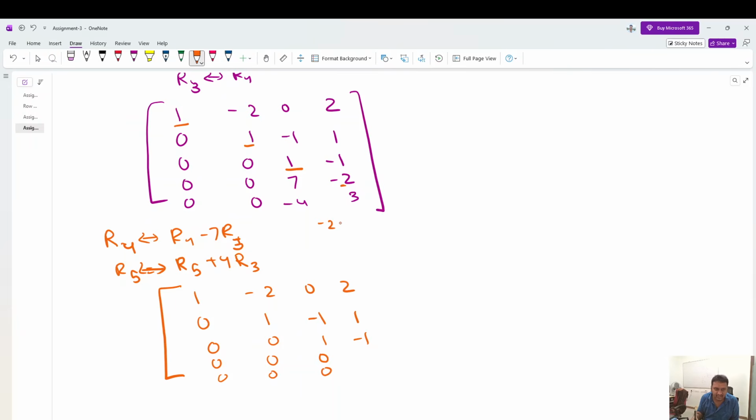This will change to minus 2, minus 7 into minus 1, meaning 7 minus 2, right? Which is, I think, 5. And similarly here, this 3. So it will be 3 plus 4 minus 1. So it is basically minus 1.